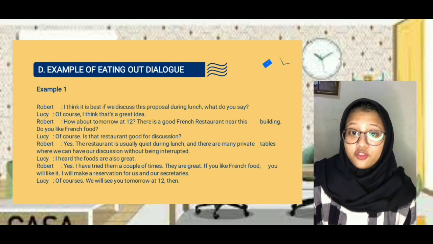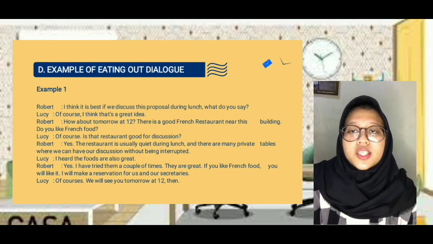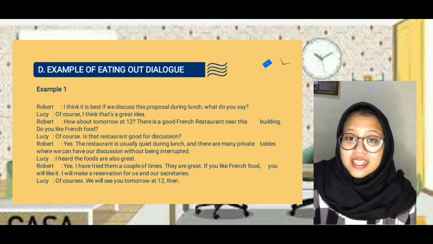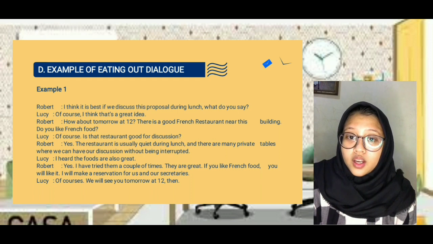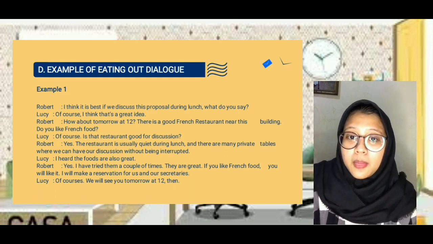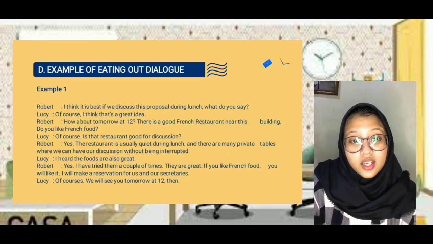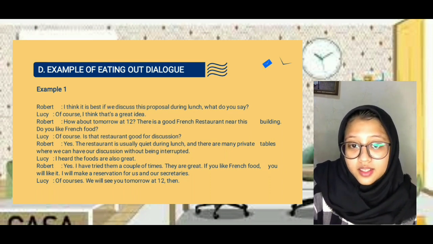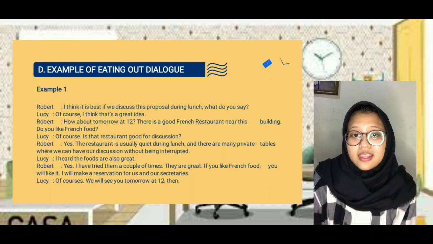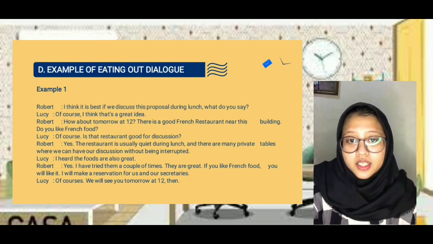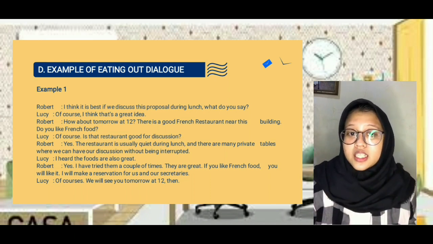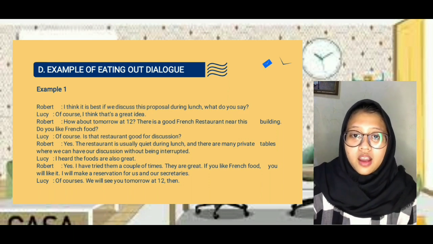Do you like French food? Lucy said, of course. Is that restaurant good for discussion? And then Robert said, yes, the restaurant is usually quiet during lunch and there are many private tables where we can have our discussion without being interrupted.